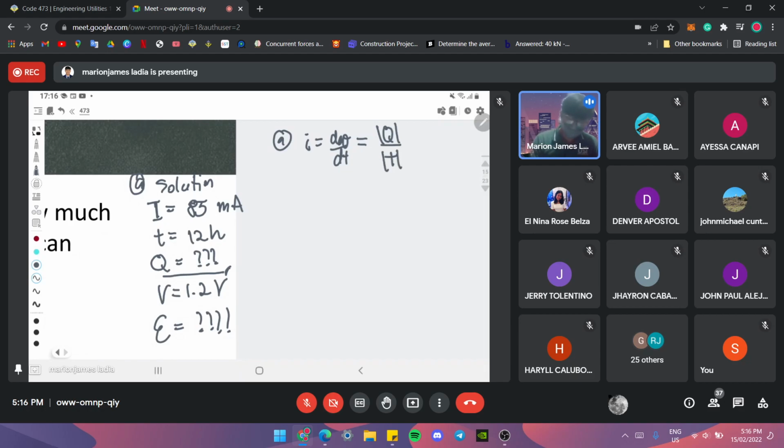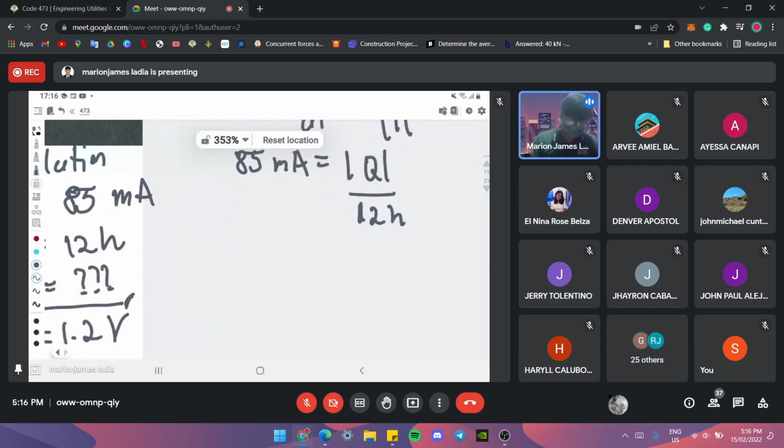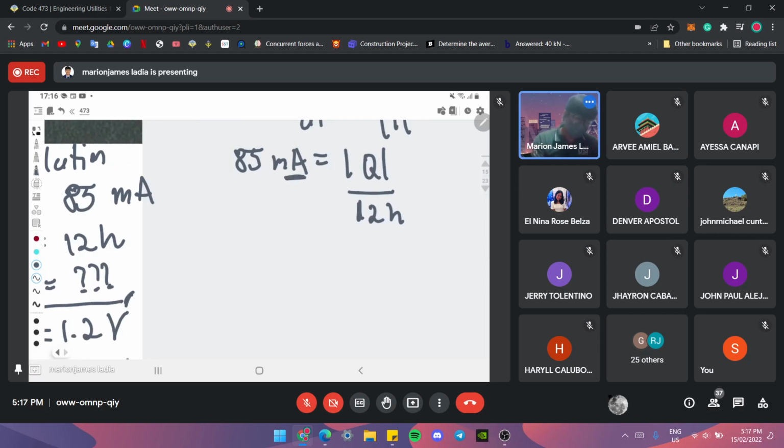Okay? So from here, I will have a value equal to 85 milliampere for my I. Okay? Equals, of course, kung ano yung q ko, divided by my t, which is equal to 12 hours. Okay? So yan. So dito pumapasok, again, kung paano mo i-dissect yung ating mga units.